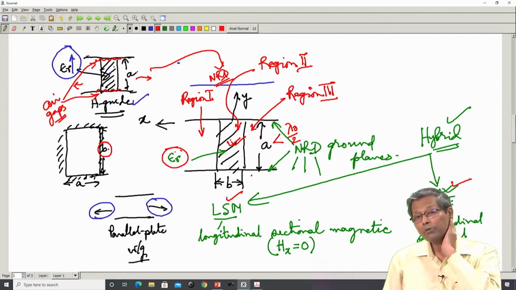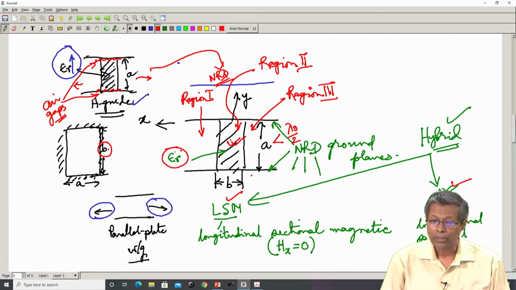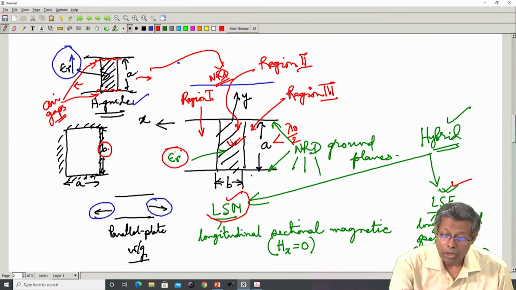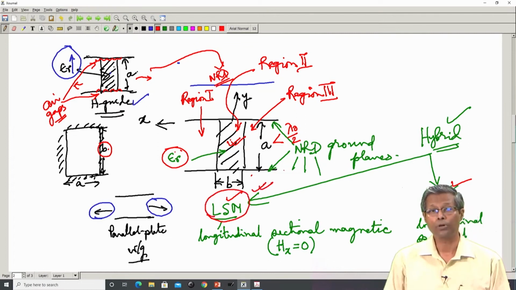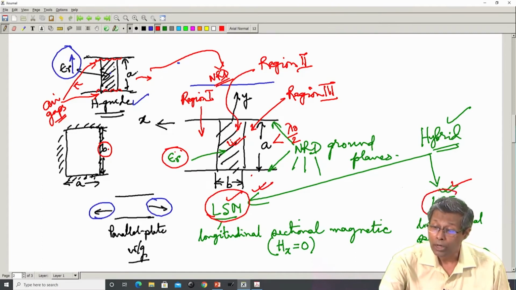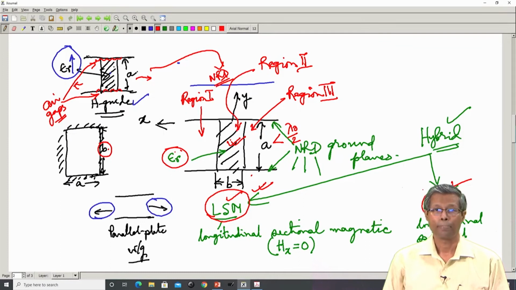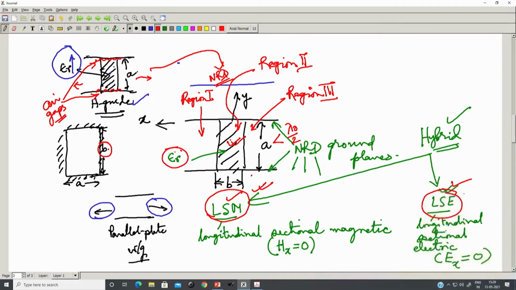In addition, we are going to come to this situation that the LSM mode is more preferred for NRD operation because of its lower loss compared to the LSE mode. However, the LSE mode has a lower cutoff than the LSM mode. We are going to come to these aspects.